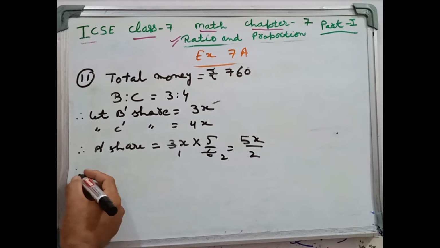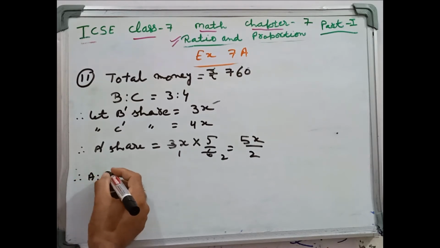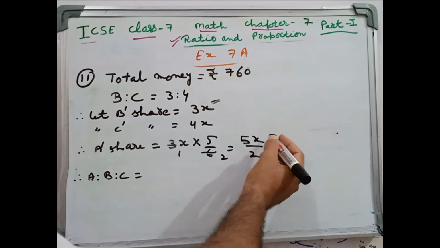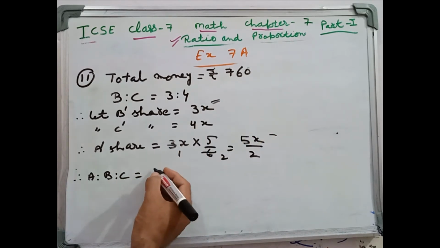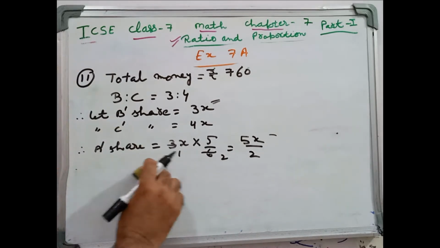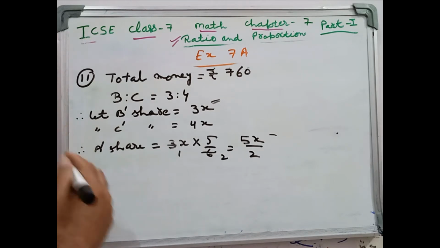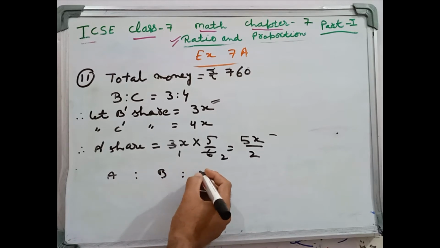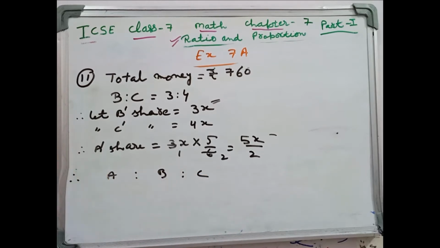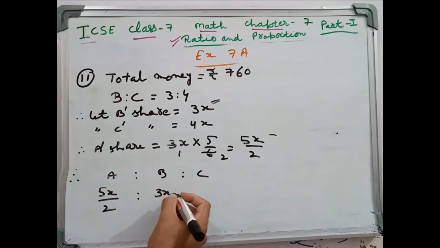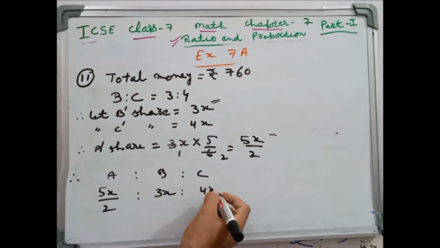So now A to B to C: A's share is 5x upon 2, B's share is 3x, and C's share is 4x.